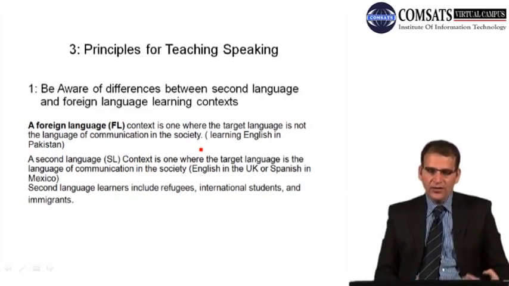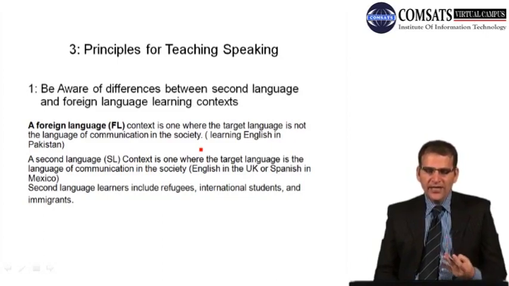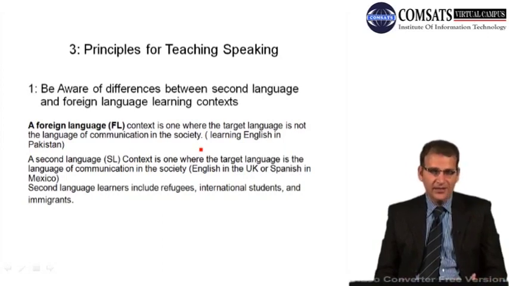On the slide you can have a look. A foreign language context is one where the target language is not the language of communication in the society. Like here, English is not the language of communication. Urdu is the language of communication. So here English is a foreign language, learning English in Pakistan, for example.